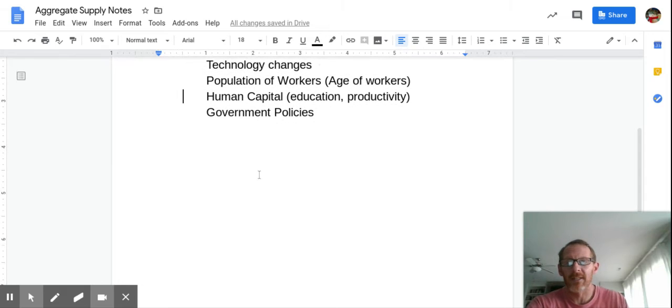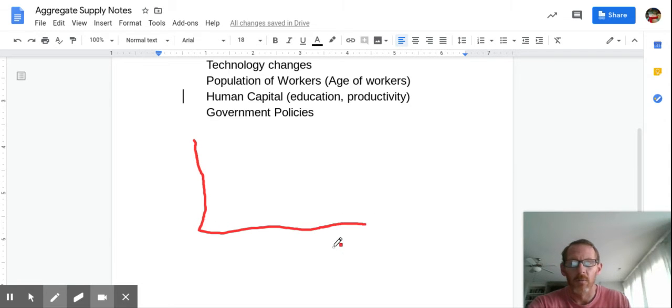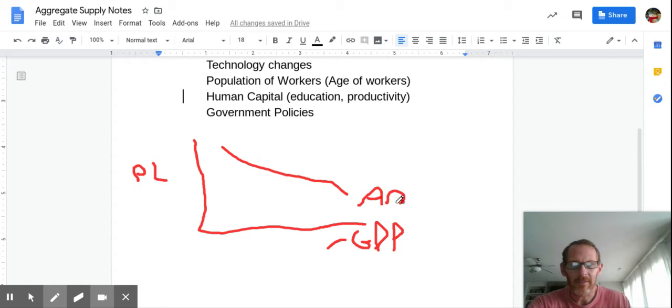And the way that it's graphed, and again, you do this on that same curve where you have real GDP, and then you have price level over here. All right. Well, aggregate demand was downward sloping, right? So there's aggregate demand. All right.